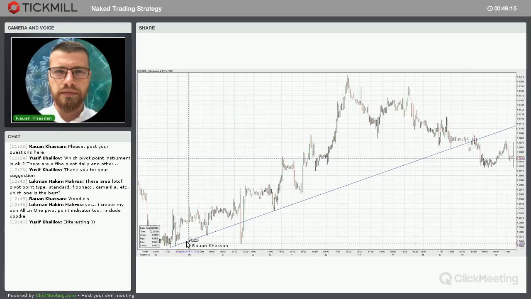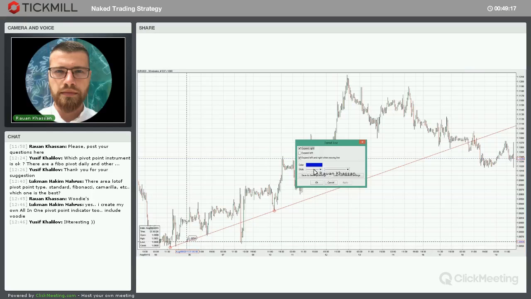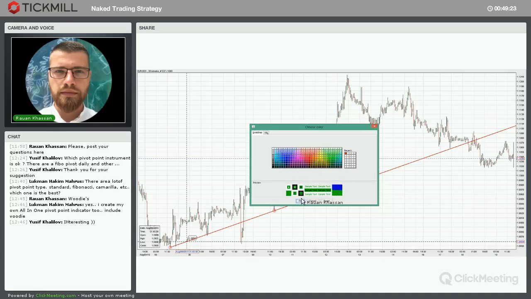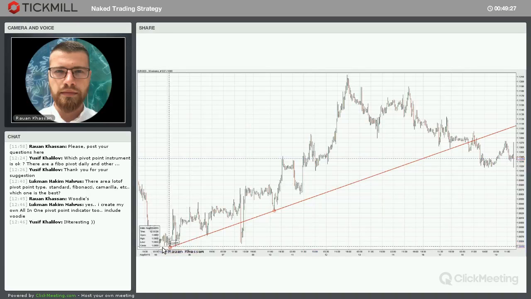As you can see, it connects the lowest levels starting from the beginning of August, from the level of 1.0847.